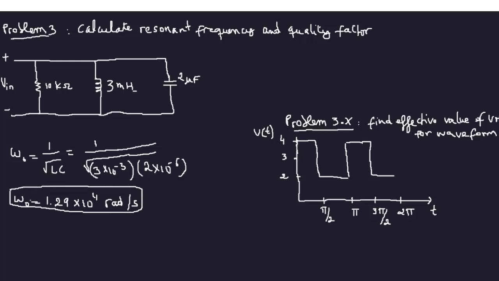Calculate quality factor, still on the same page 196. Quality factor is Q, so Q is equal to R over omega 0 times L. Is that right?